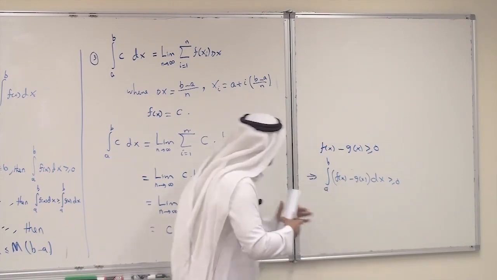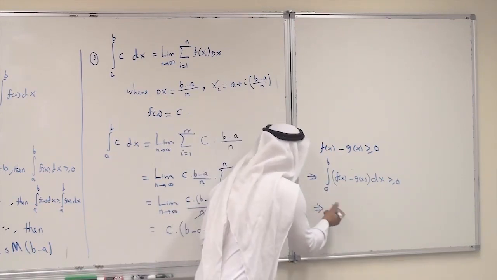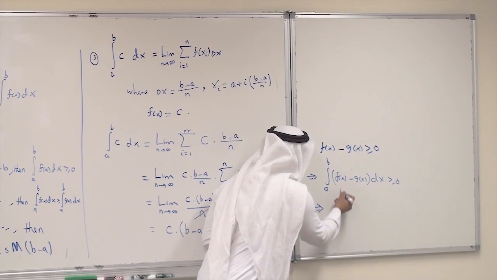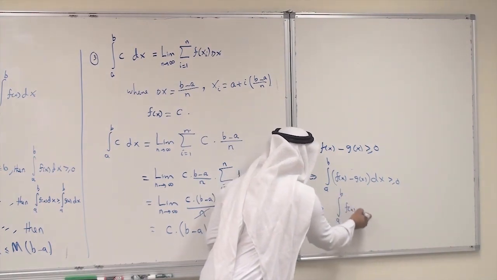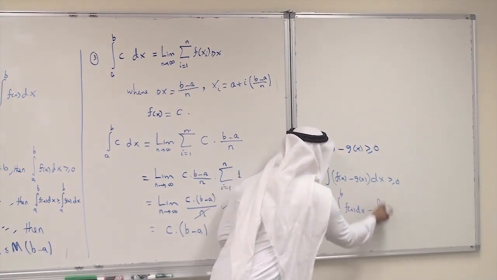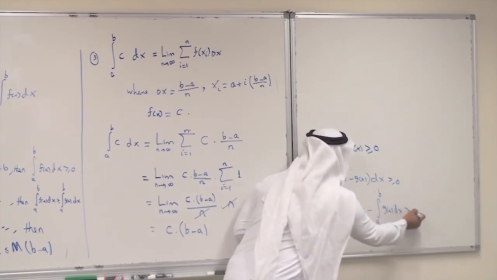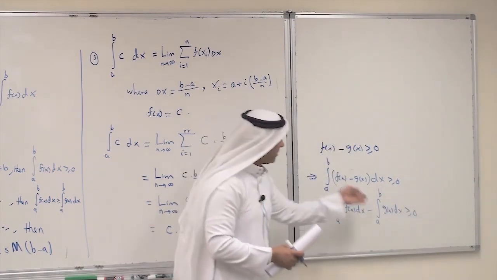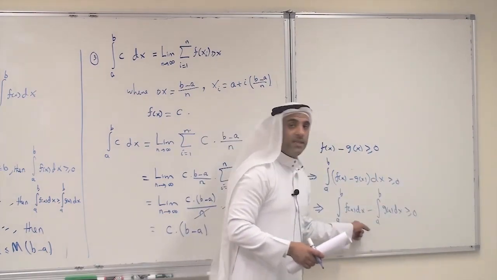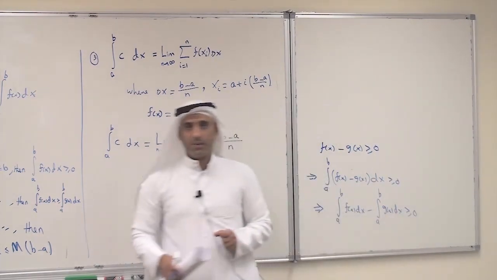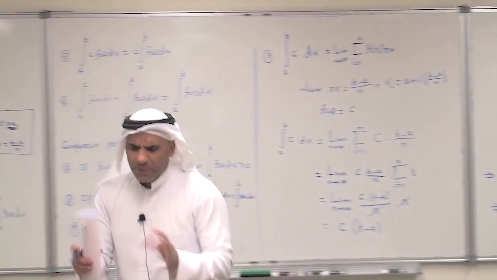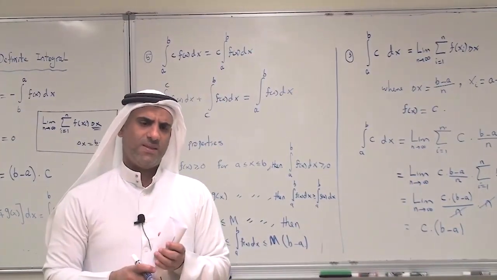Using the property of the difference here, that will give me the integral from a to b of f of x dx minus the integral from a to b of g of x dx greater than or equal to 0. And finally, what you need to do is just take this one to the other side. You have the integral of f greater than or equal to the integral of g. This is something about the proof of these statements.